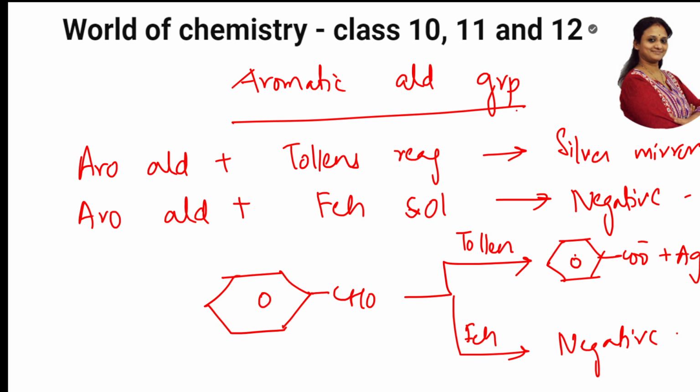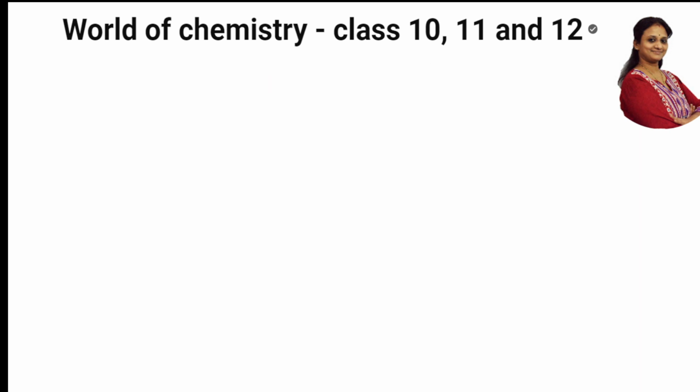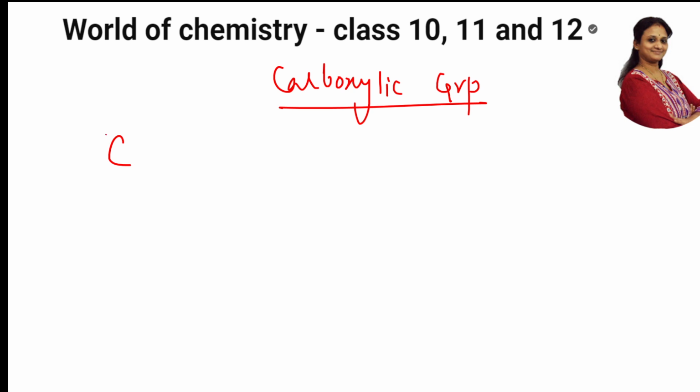Now, after this aromatic aldehyde, what is the next one? You have your carboxylic acid, carboxylic group. Correct. Now, remember, students, to test the carboxylic group, the best test to identify it is sodium bicarbonate.